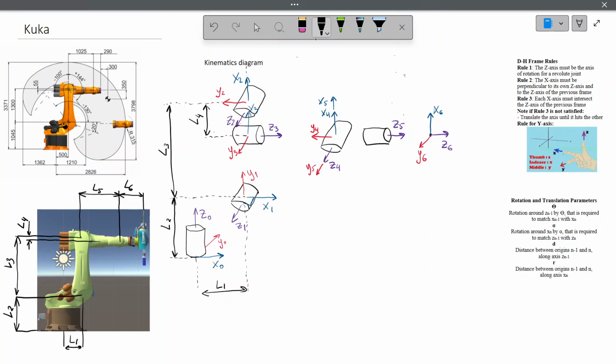L5 here. And from here to the drill element we have L6. So next, we finished with the axes.